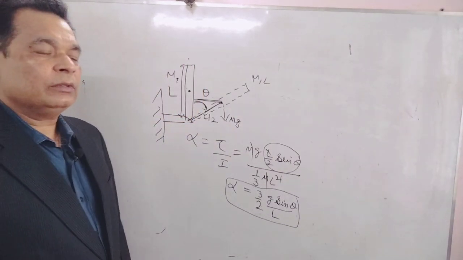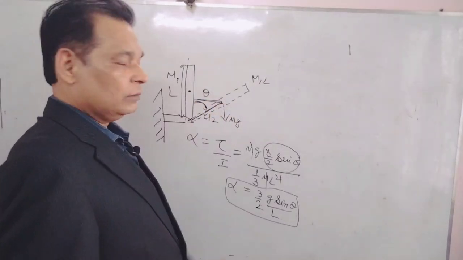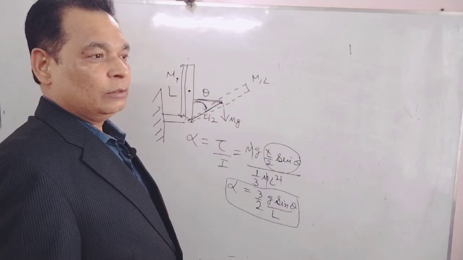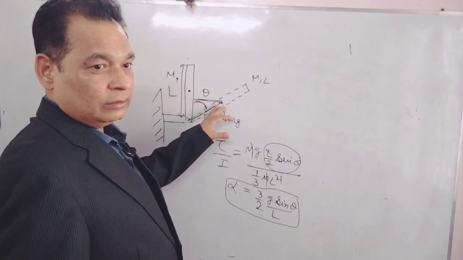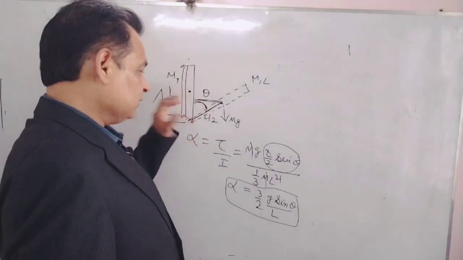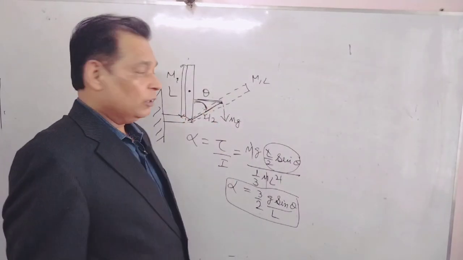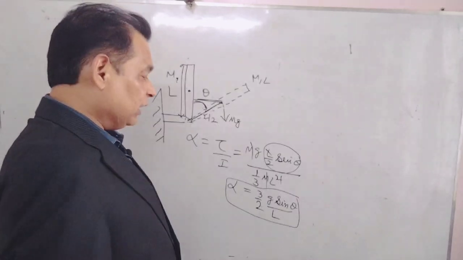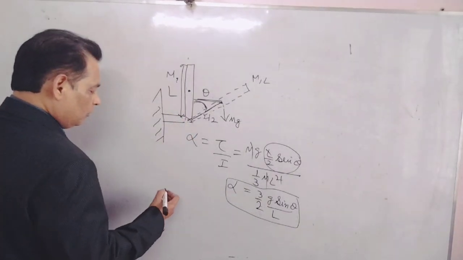We want to find the angular velocity at this angle theta, or we want to find the rotational kinetic energy about this axis. We need the angular velocity omega.